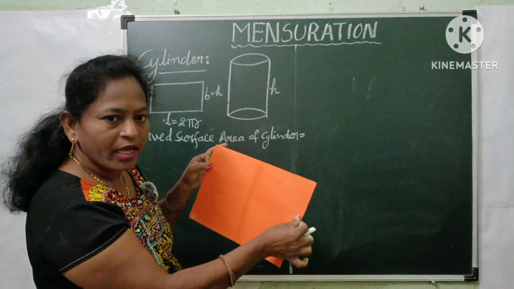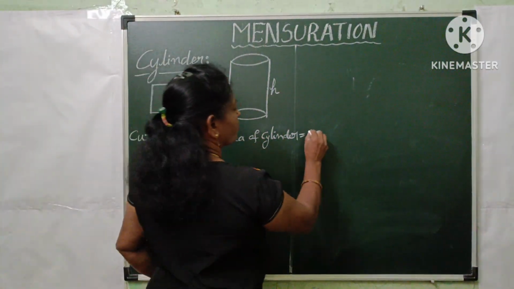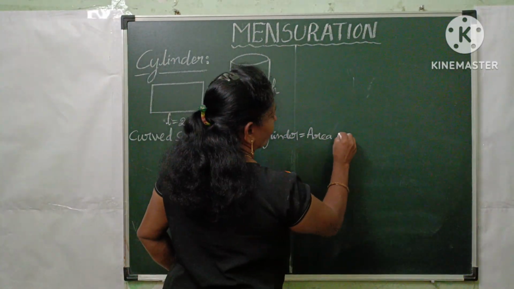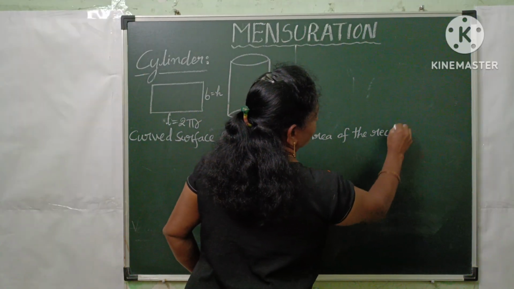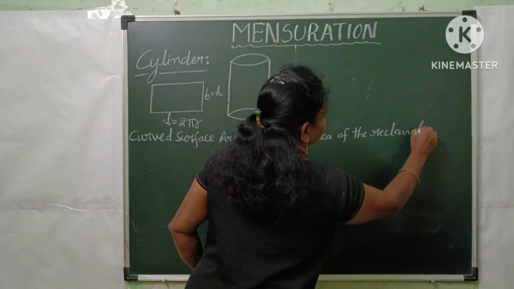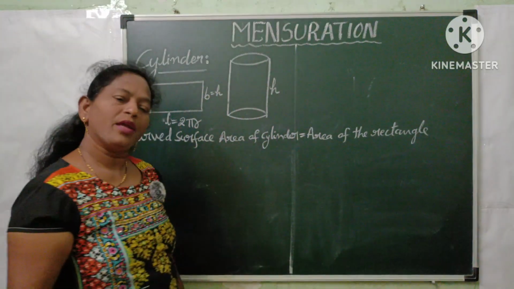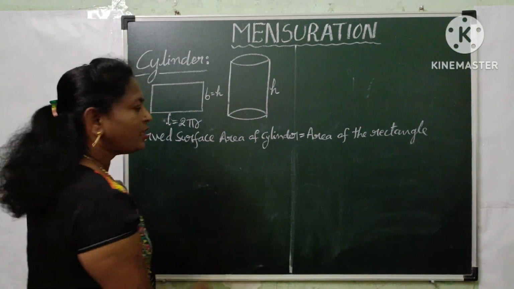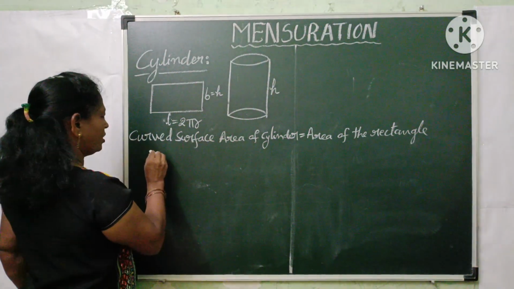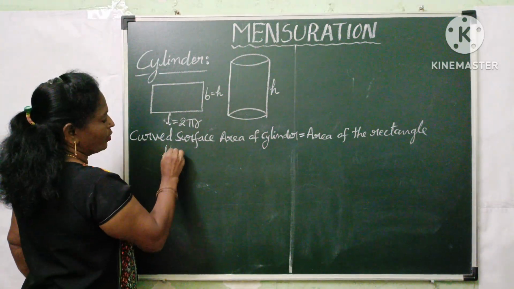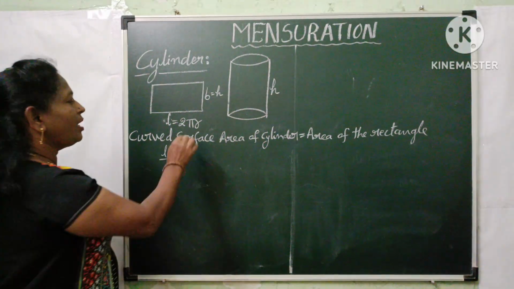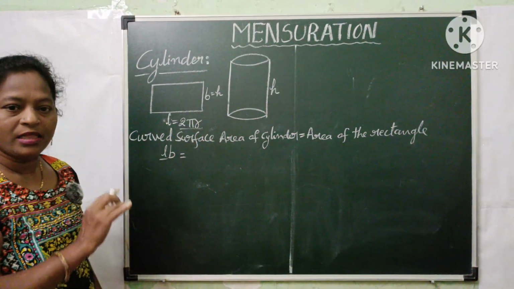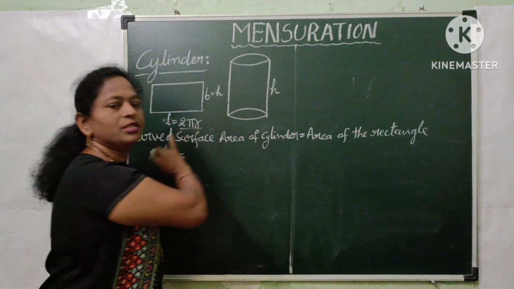So, what is the area of the rectangle? Length into breadth, L into B. Here L is 2 pi r, since the length equals the circumference of the circle.